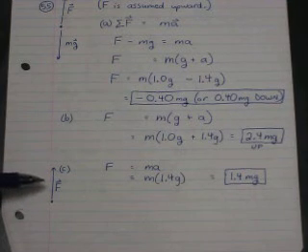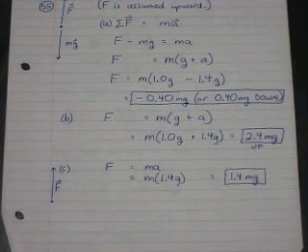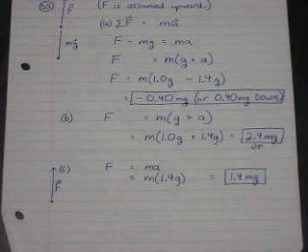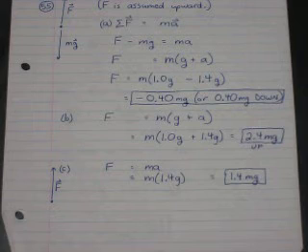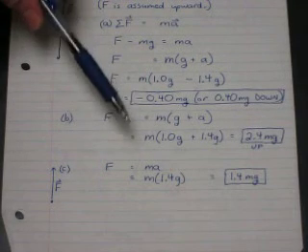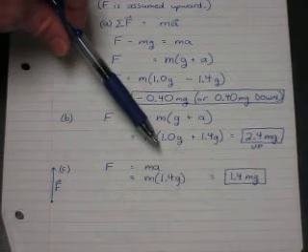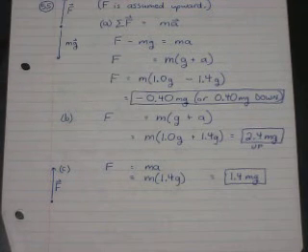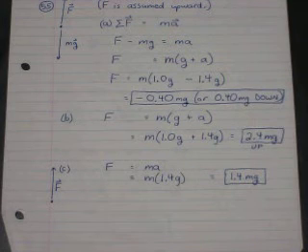Or we could redraw the diagram, and since there is no gravity, the only force is the upward force. Then when we apply F equals ma, since that's the only force, we just get F equals ma. So force equals mass times the acceleration, which is 1.4 g, and so we get 1.4 times the weight of the rocket.